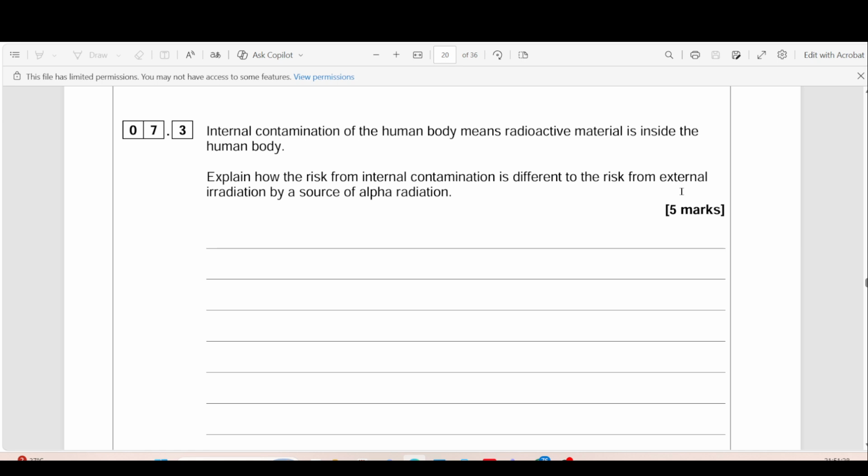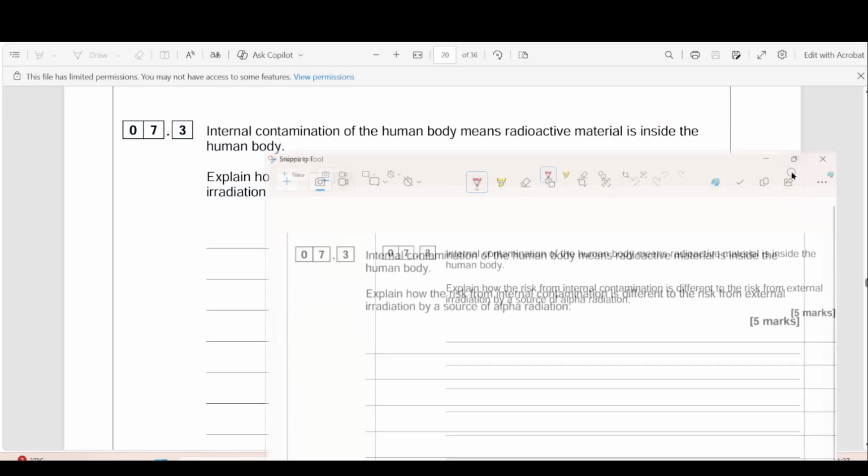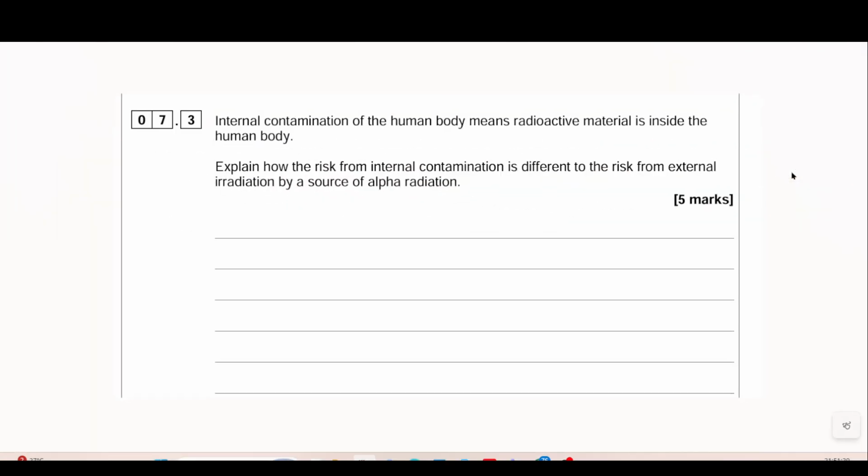The main difference is the penetrating power. Alpha particles have low penetrating power. They can be stopped by a few centimeters of air or the outer layer of dead skin.